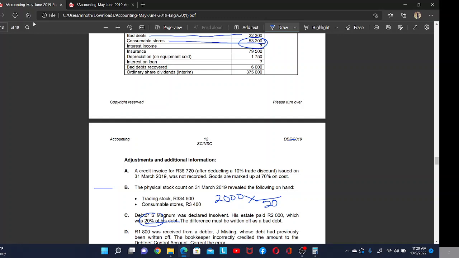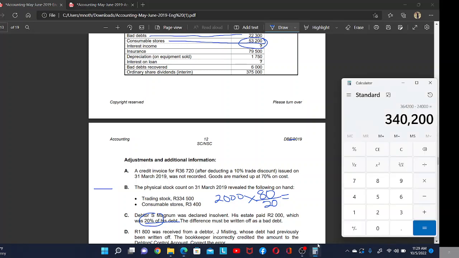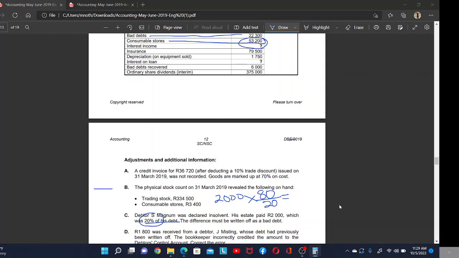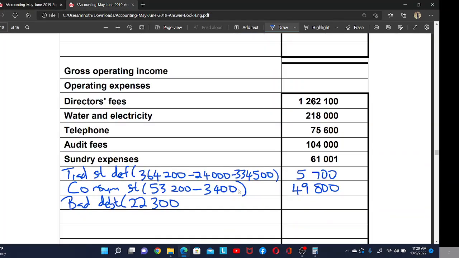If his estate paid the 20%, then the 80%, which is what we're looking for, is going to be written off. So 2,000 times 80 divided by 20 is equal to 8,000. This is the money for the bad debts, plus 8,000. So the answer is 80,300.